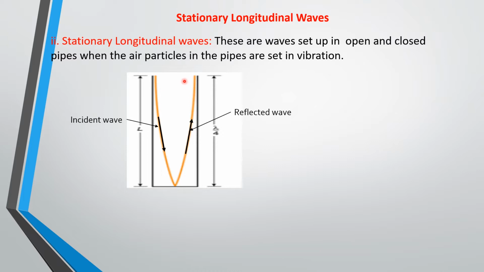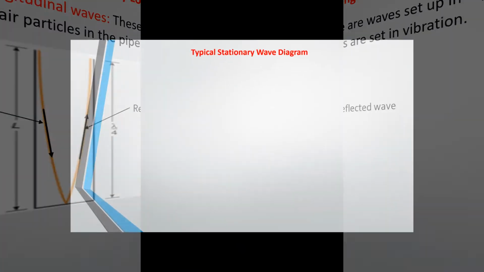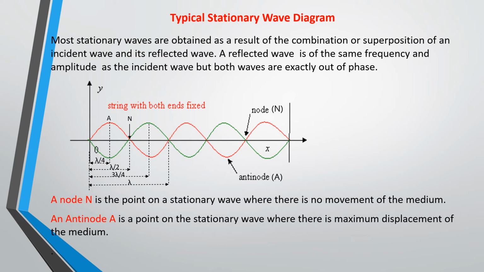Then we are going to look at some wave diagrams and see how we can solve some problems on the progressive wave. So let's look at a wave diagram now. Basically, this is typically a diagram for a stationary wave.